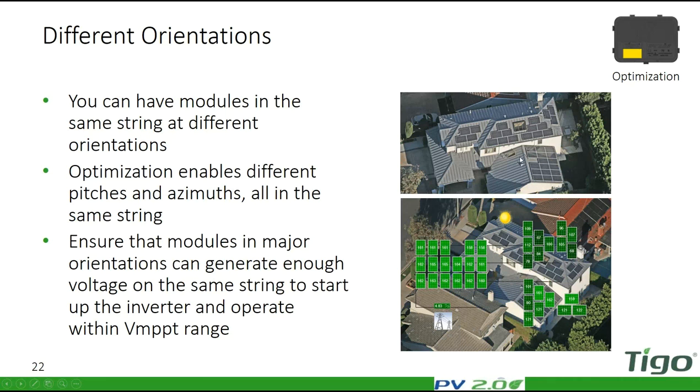Everything is really south oriented. But the panels here will be producing a bit less energy. Again, financial decisions, whether it's worth it to put them there or not. But the guideline is basically if you want an orientation to be significant enough to turn on the inverter, you need to make sure that there are enough panels there.